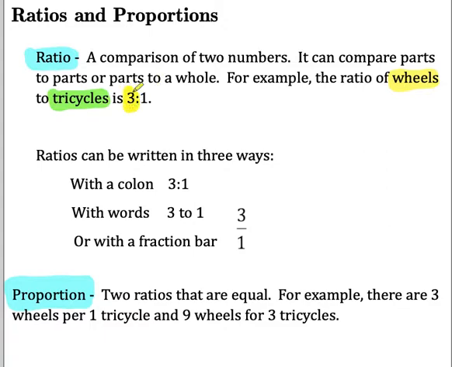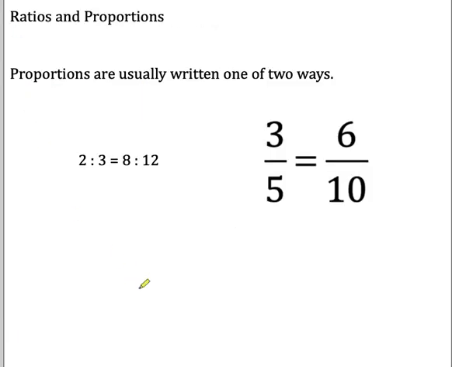So the wheels means there's 3 wheels for every 1 tricycle. Here it's pretty simple because it wouldn't make any sense. You couldn't have 1 wheel for every 3 tricycles. That would not be a lot of fun. But no matter what the situation is, whatever word comes first corresponds to the number that comes first in the ratio. Whatever word comes second corresponds to the number that comes second. Okay.